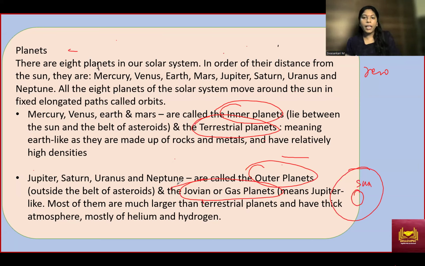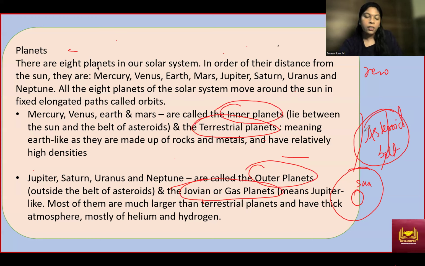Among the group of eight planets, one type of classification we take as inner and outer, the other type is terrestrial and Jovian. So what do inner planets mean? Those four planets just going around the sun, which are near to the sun, and the asteroid belt, which I told you about before. Where is that asteroid belt?